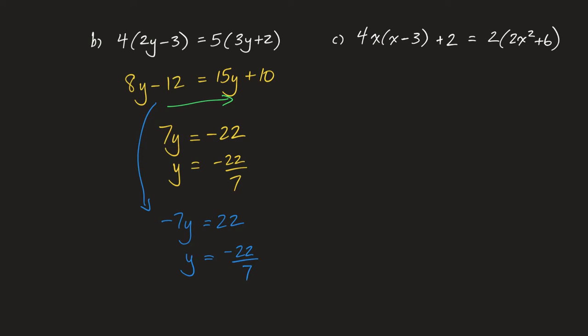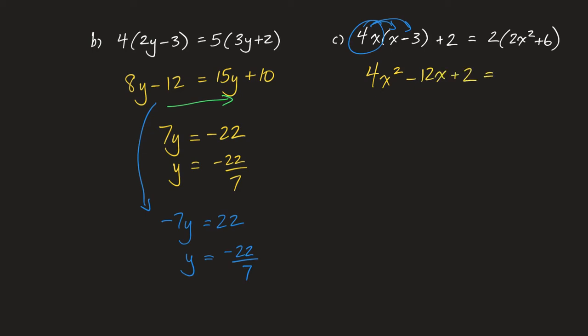Okay, I see I've got that 4x out in front. I'm going to expand that into my brackets to simplify. Well, first off, I really hope that everybody expanded a 4x into an x properly. That's going to give me a 4x squared. Now I multiply my 4x into my negative 3.